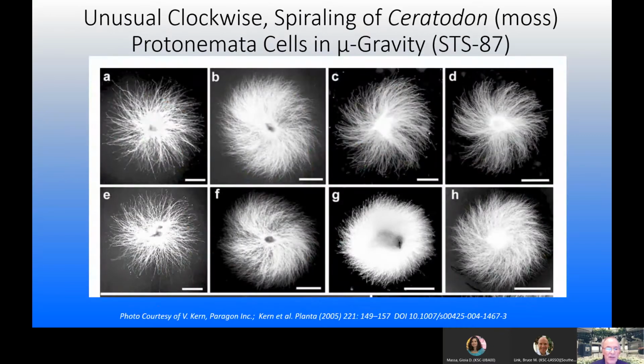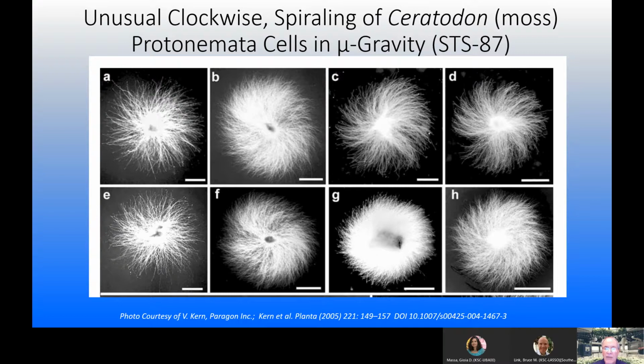I'll just show you some other neat examples of interesting phenomena. These are moss protonemata cells, is the proper plural. This was work done by Volker Kern and Fred Sack at Ohio State University. And what they noticed is that in microgravity, the moss protonemata would kind of grow in a spiraling fashion, in a clockwise fashion.